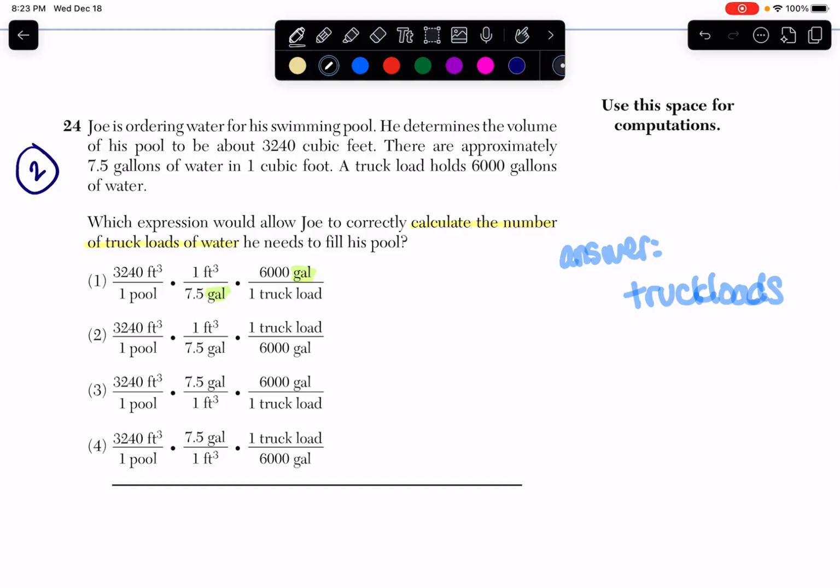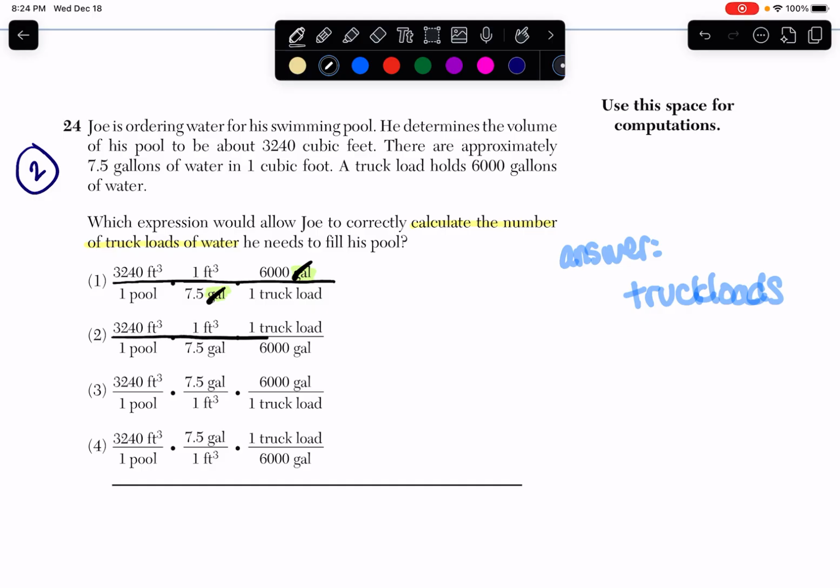And so I can cancel out gallons. However, if I look at my other units, feet is on the top twice. Things that are on the top twice do not cancel. So I can only cancel something if it is both in the numerator and the denominator. In answer choice 1, gallons is in the numerator and the denominator. So that cancels out, but that's the only thing that cancels out.